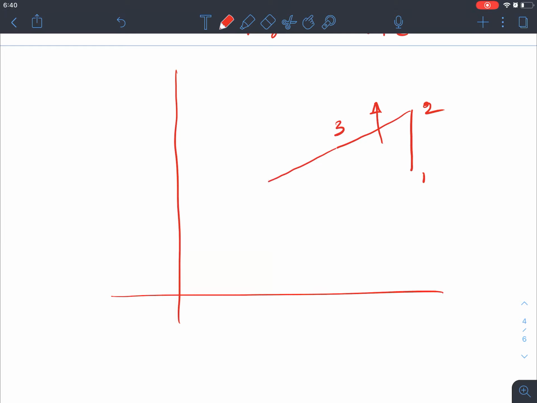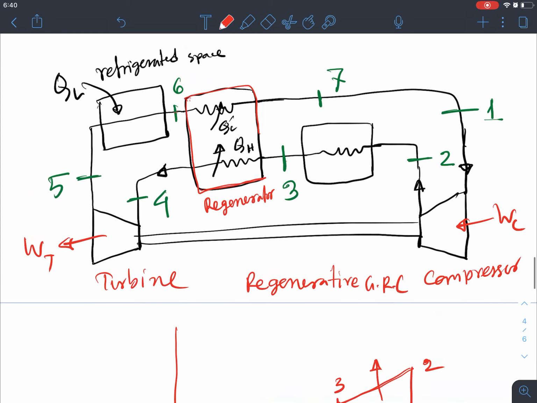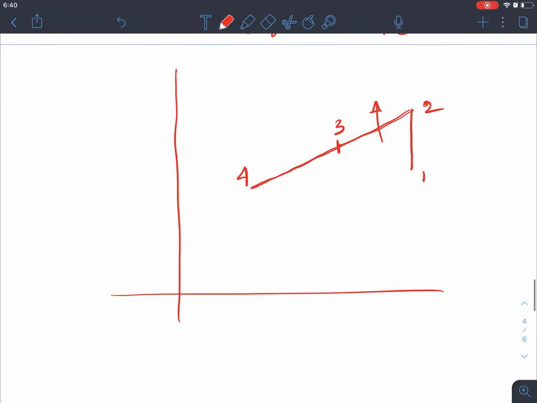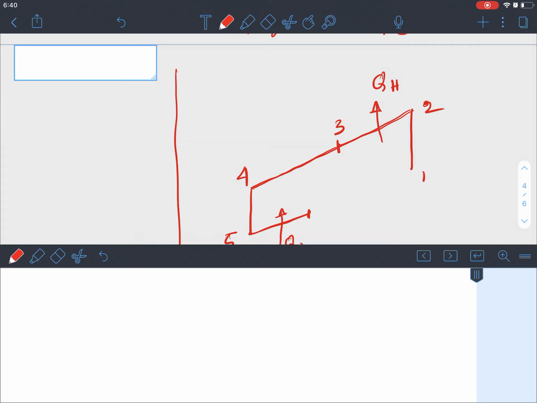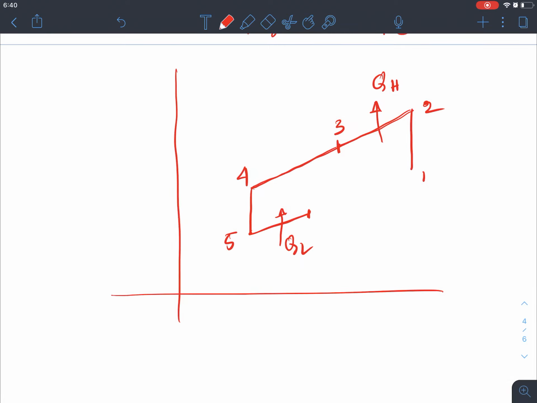From 3 to 4 it maintains constant pressure, rejecting the heat, so the temperature is decreasing. Then 4 to 5 is expansion, and 5 to 6 is the heat addition, where it absorbs the heat QL.